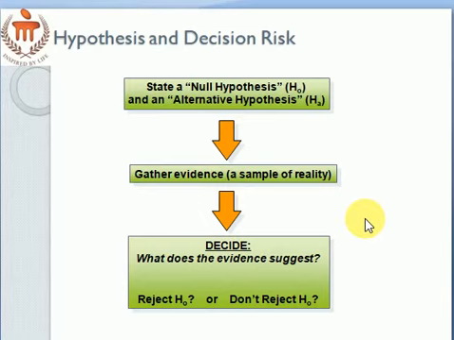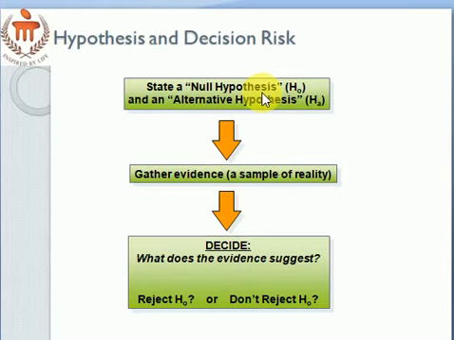So on the screen, you can see the procedure of hypothesis testing. First we have to state a null hypothesis. For example, let us say you are producing a shaft.